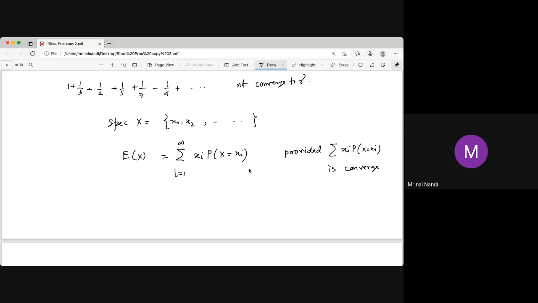So this cannot be the definition. The expectation of X cannot be defined like that, the sum of xi times the probability that X equals xi, provided that the series converges. You can't say the expectation is 5, because someone can rearrange the terms and get 7.